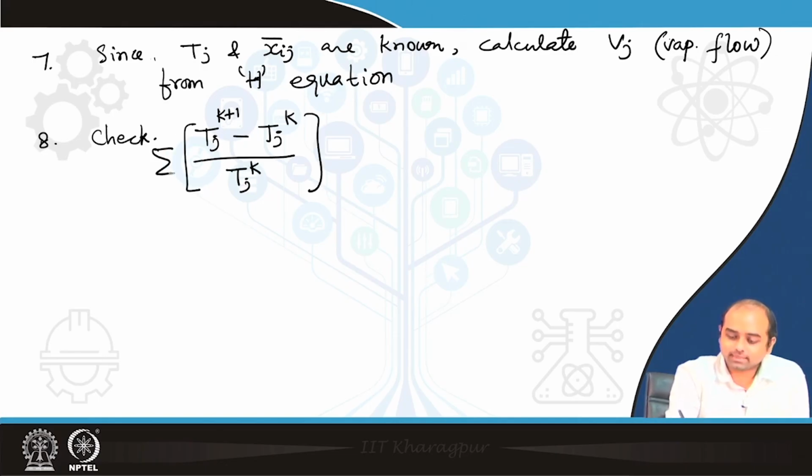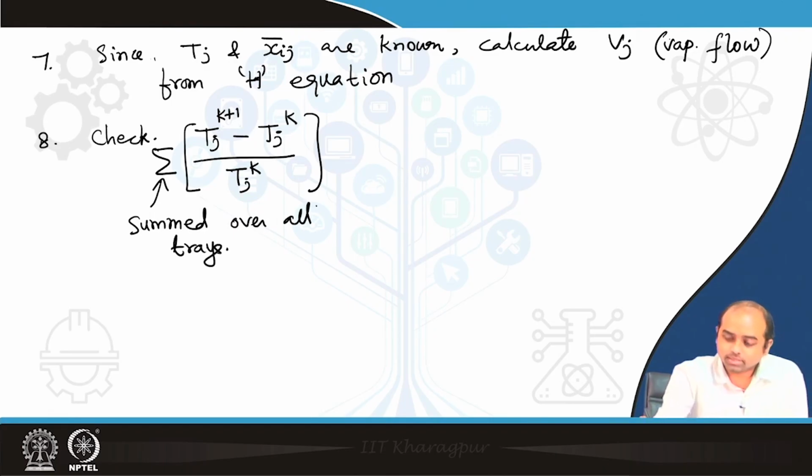This difference, or relative error as we call it, has to be summed over all trays, and it has to be less than a tolerance.